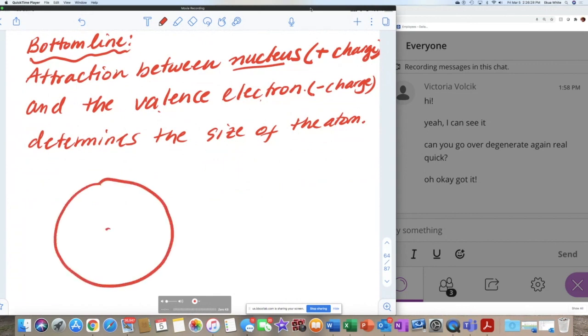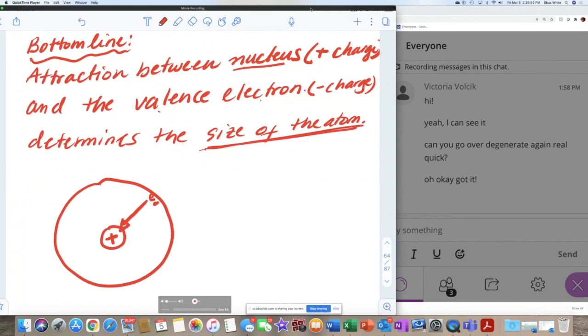This is our atom, and this is our nucleus, and this is positive. Then the outermost electron is still in the atom, it's just out here. So we're saying the nucleus is attracting the electron to itself. The power with which the nucleus pulls the electron determines the size of the atom.